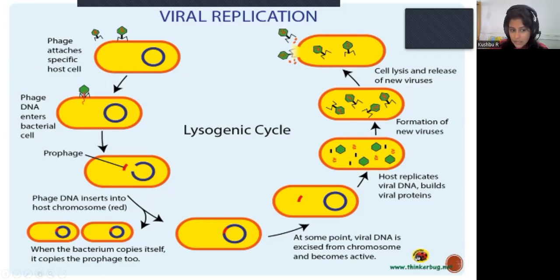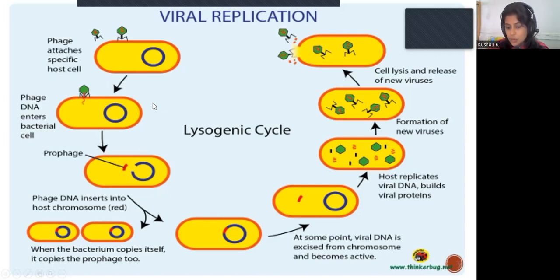Then that continues replicating, where the progeny will contain the viral DNA as well. But once the appropriate environmental condition appears, the prophage detaches from the integrated chromosome. It detaches from the host chromosome and switches to the lytic pathway.